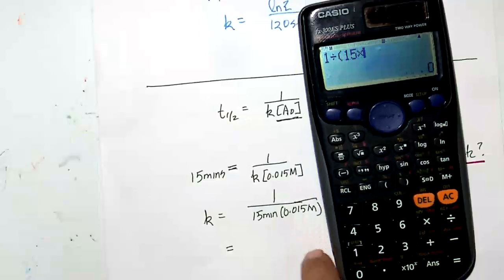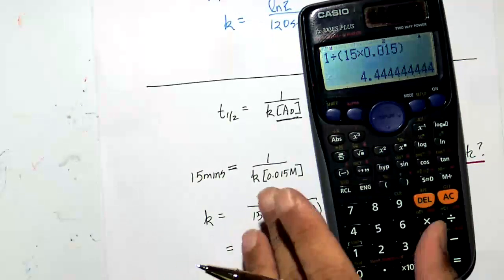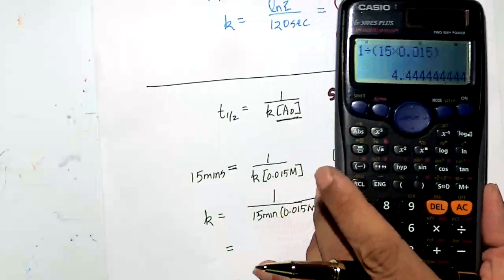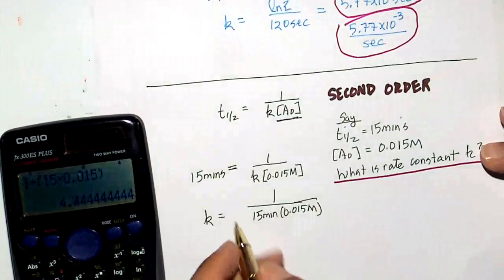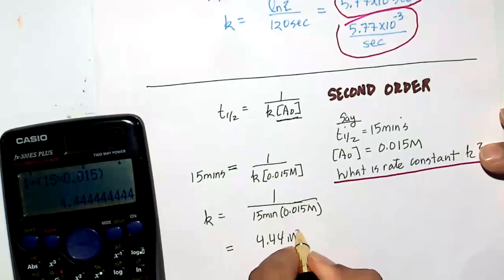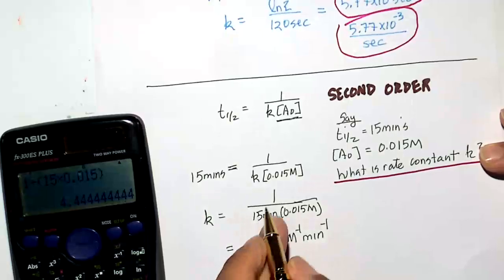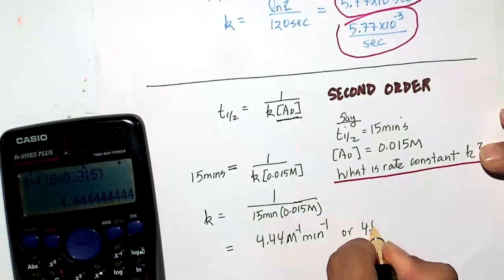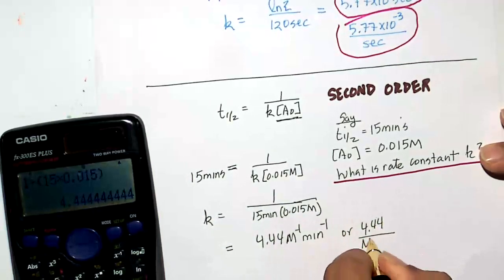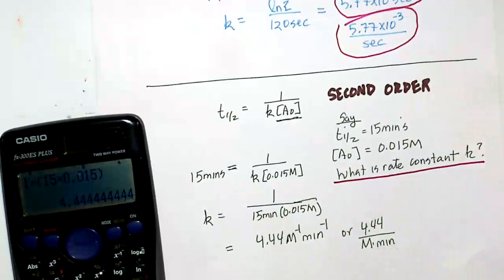1 divided by 15 times 0.015 gives 4.444 molar to the minus 1, minute to the minus 1. Or you can say 4.444 divided by molar in the denominator, minute in the denominator.